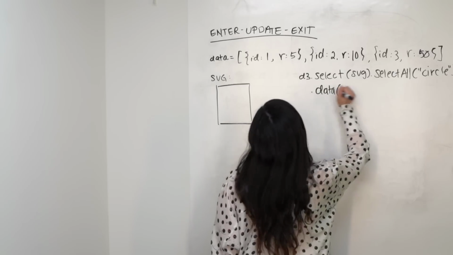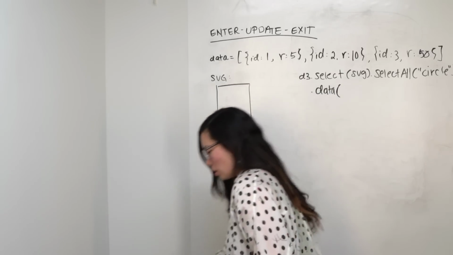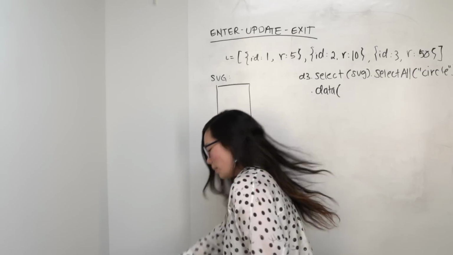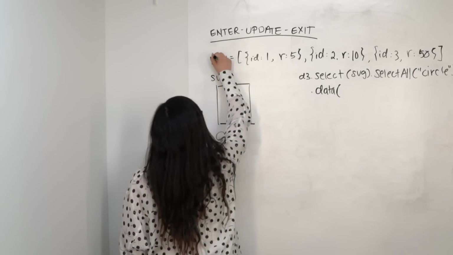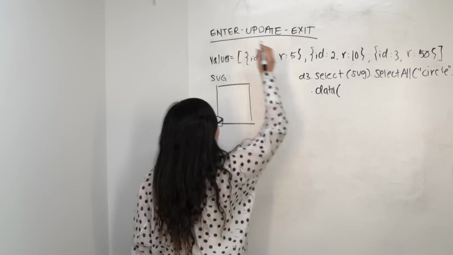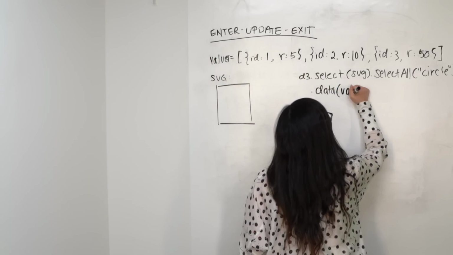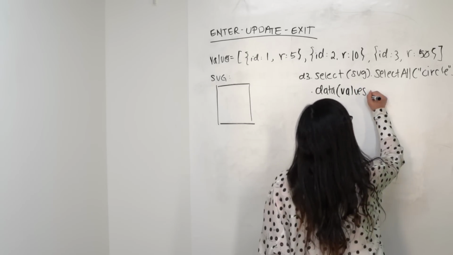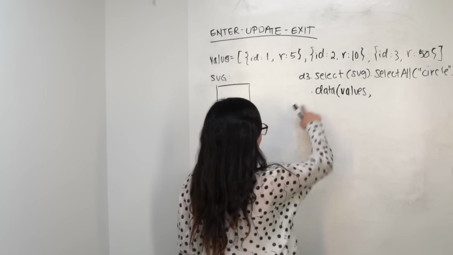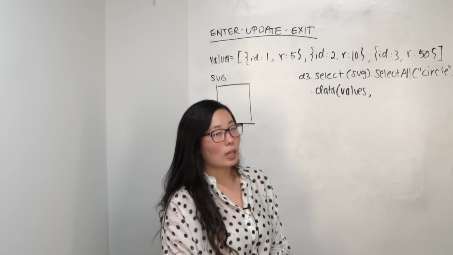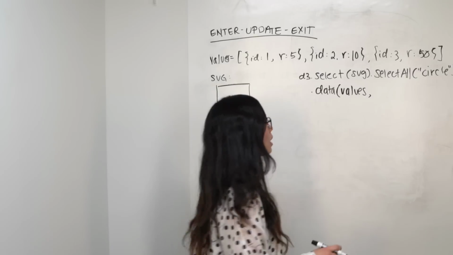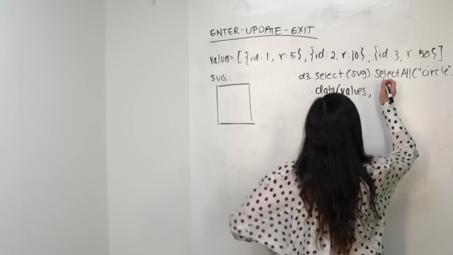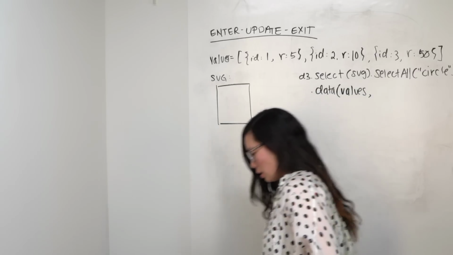And so we'll pass in, I always name it data and then I regret it, so let me just call it values, and we're going to pass in values. This is the part I wanted to explain in more detail: d3.data can take a potential second argument, and we call that the key function.